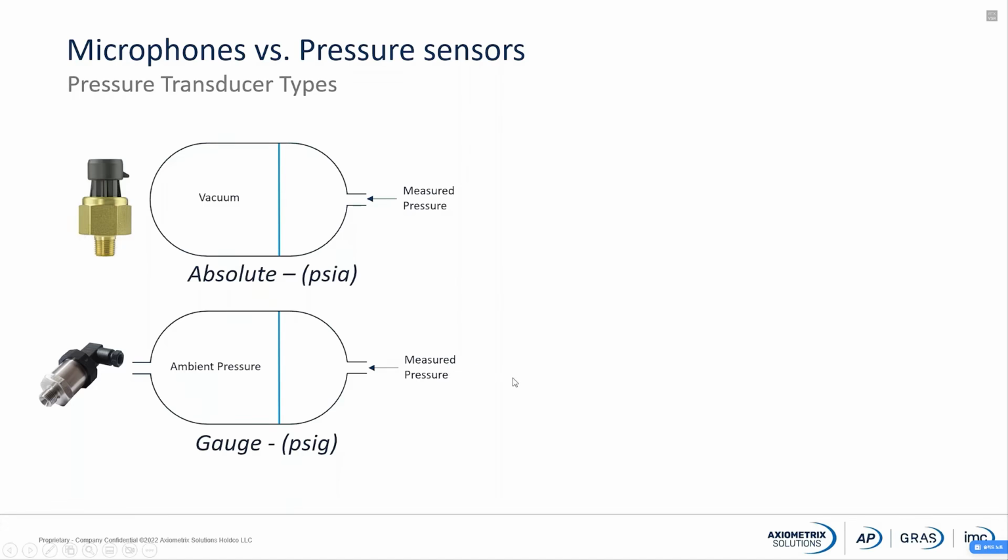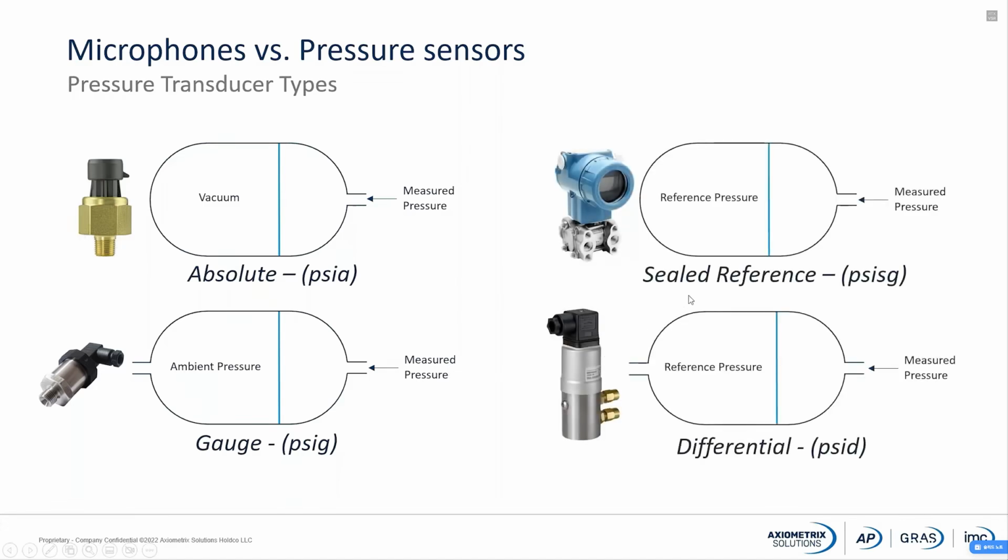There are basically also 2 other types of pressure sensors, and they are described here. One is called the sealed reference, which means that you can have another pressure than the vacuum on one side. And this is the reference pressure. And then you can do a measurement up against this reference pressure. So that could be 3 atmospheres, or it can be whatever if it is designed for this pressure sensor.